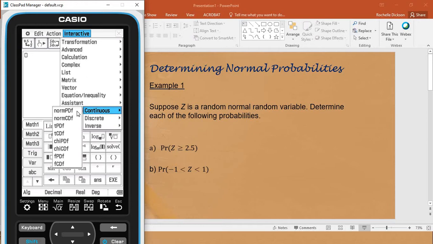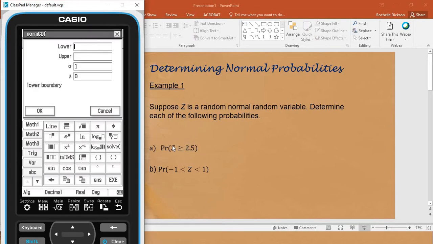Now we have normal PDF, probability distribution function, and normal CDF, cumulative distribution function. We never use normal PDF because for continuous distributions, the probability that our variable will equal one particular value is always 0. So we're always using normal CDF.